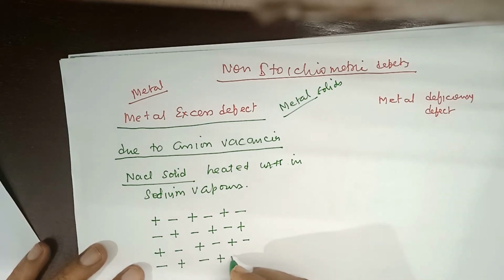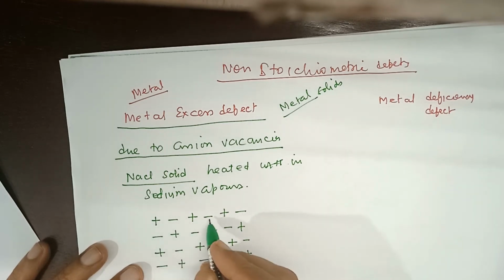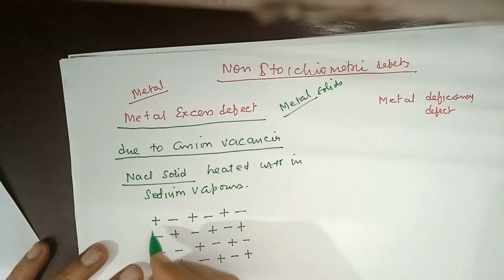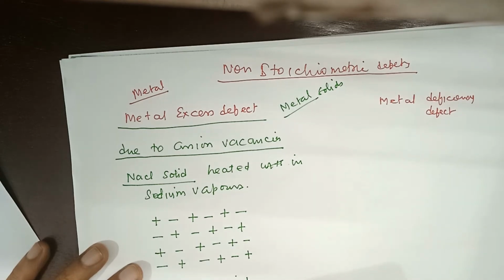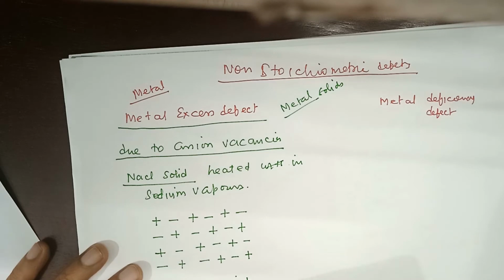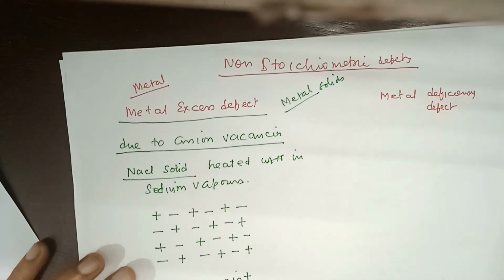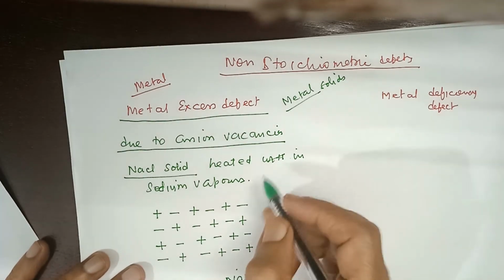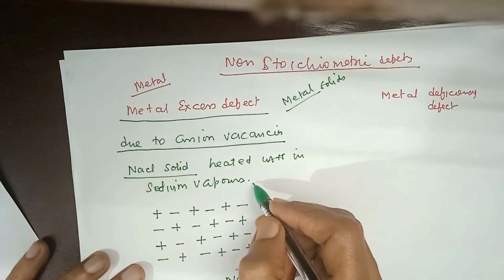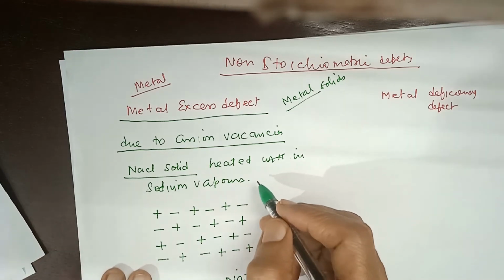These are the ionic arrangement in the crystal. Na plus is represented by the Na plus ion and minus is represented by the Cl minus ion. When this is heated in sodium vapors, what happens?